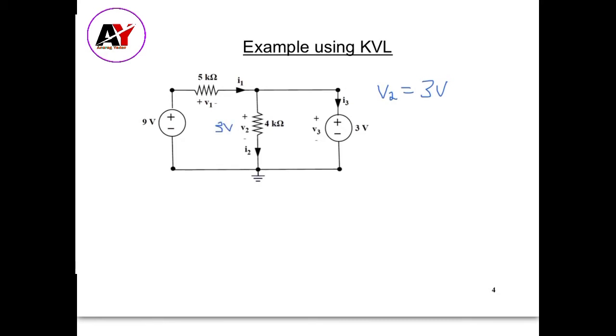Now we're going to apply Kirchhoff's voltage law to the other loop, and we're going to go around the loop. We're going to start at this point, and then work our way around the loop to write down the Kirchhoff's voltage law equation.